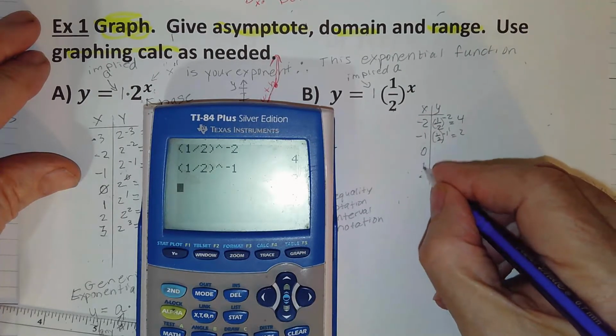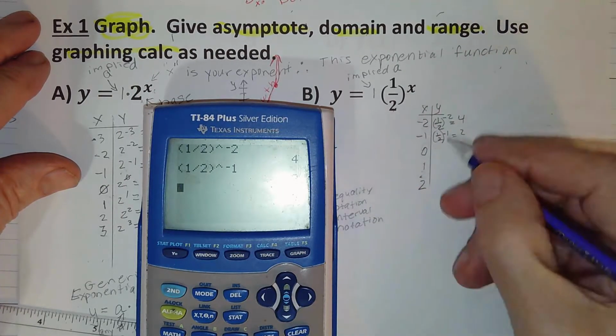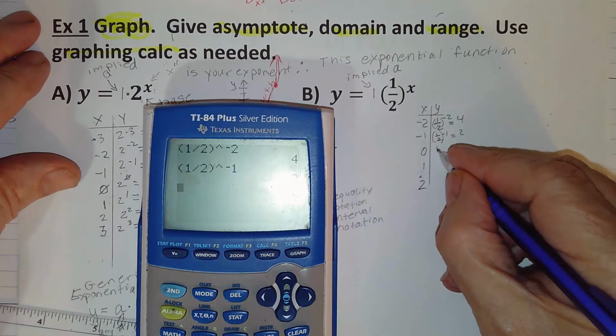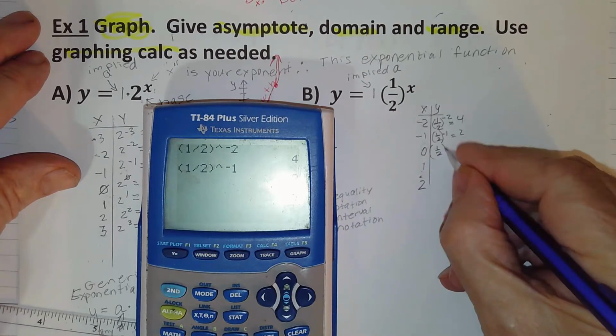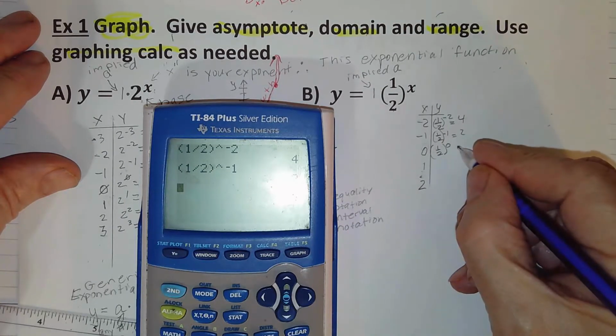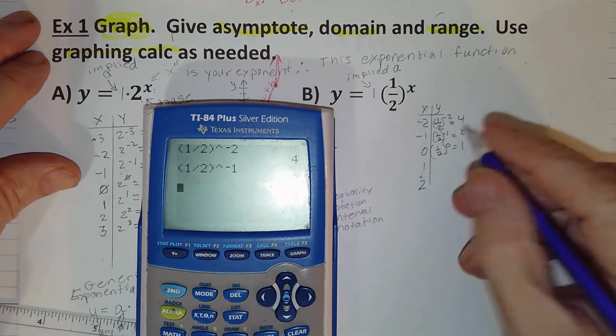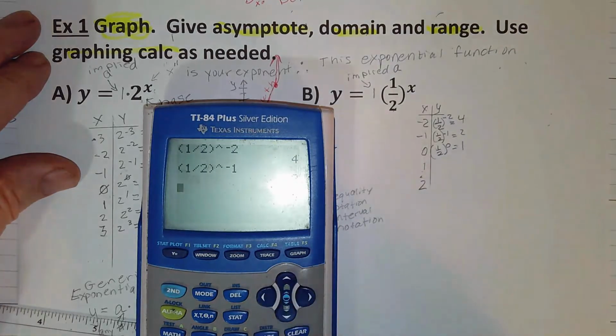Okay, so the next one is 0, 1, 2. So this one here is 1/2 to the 0, and if you remember, any number to the 0 is 1. Okay? Again, we can prove that by using the calculator. Parentheses 1 divided by 2, close parentheses, caret, and a 0, and you see you get a 1.